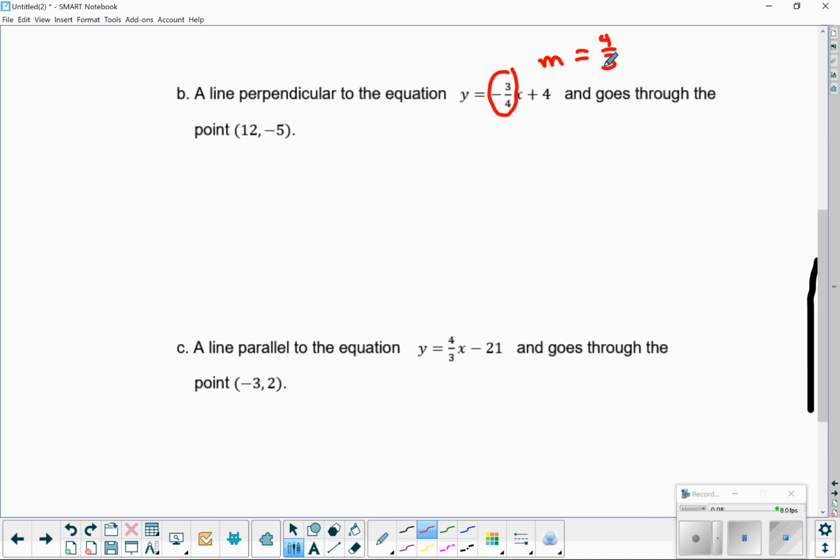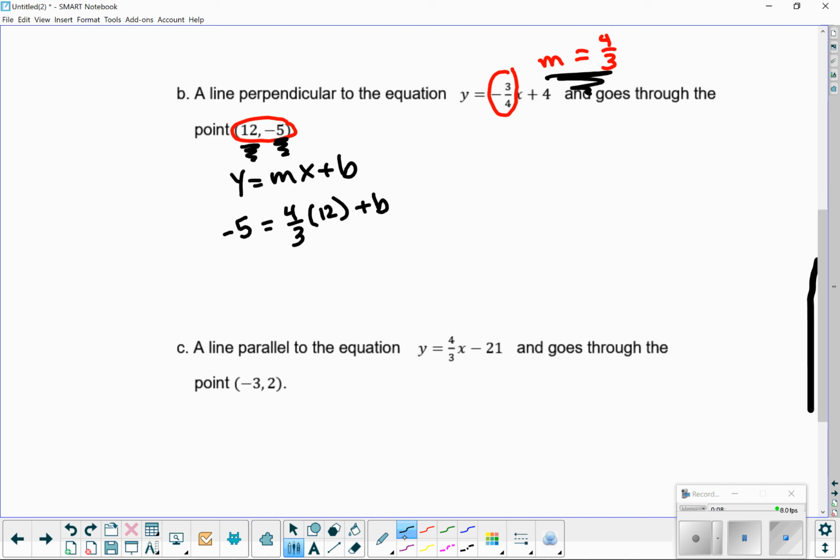So that's the slope we're going to use, and this is the point we're going to use. And again, we're going to start with y equals mx plus b, and you're going to put all the stuff that you know. For example, you know the slope is 4/3. For example, you know the x is 12. And you also know the y is negative 5.